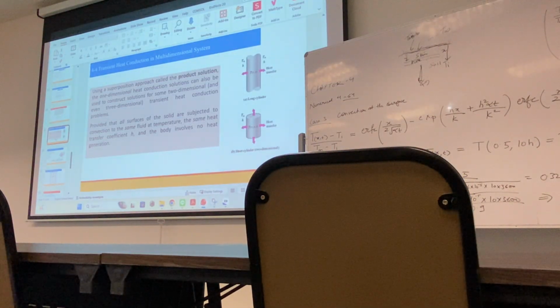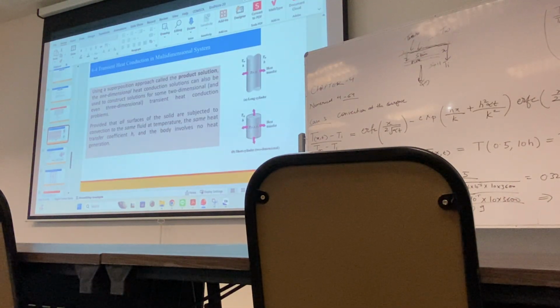We found one technique. Okay, by using it we can study heat transfer in multi dimension. So we use this technique, superposition. By using this technique, superposition, we can easily study heat transfer in more than one dimension.